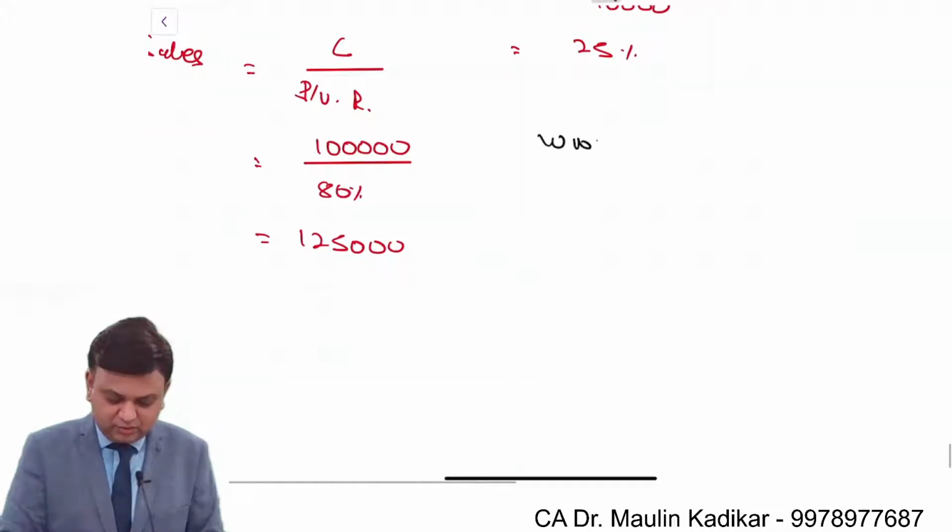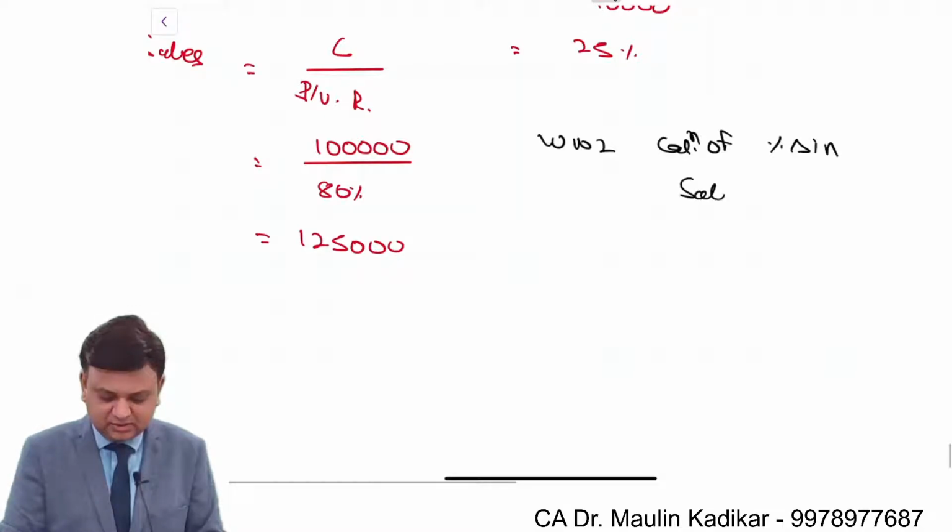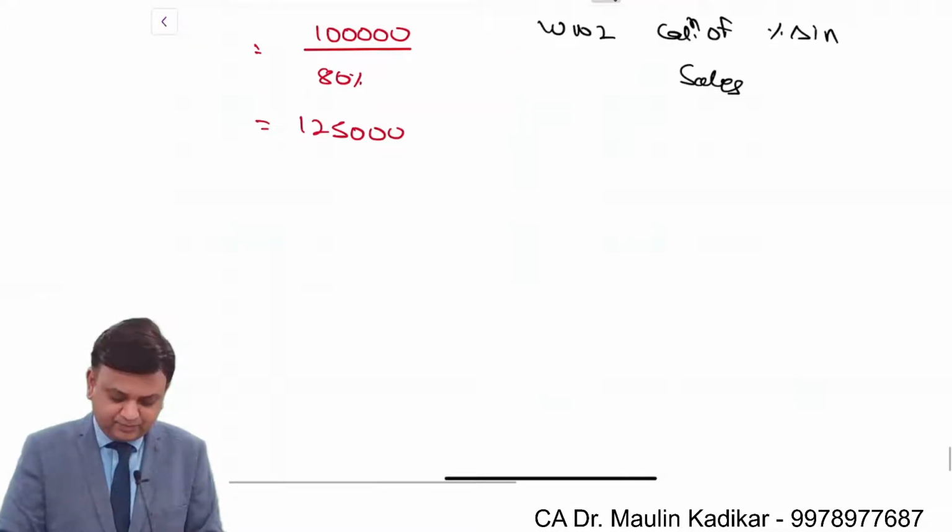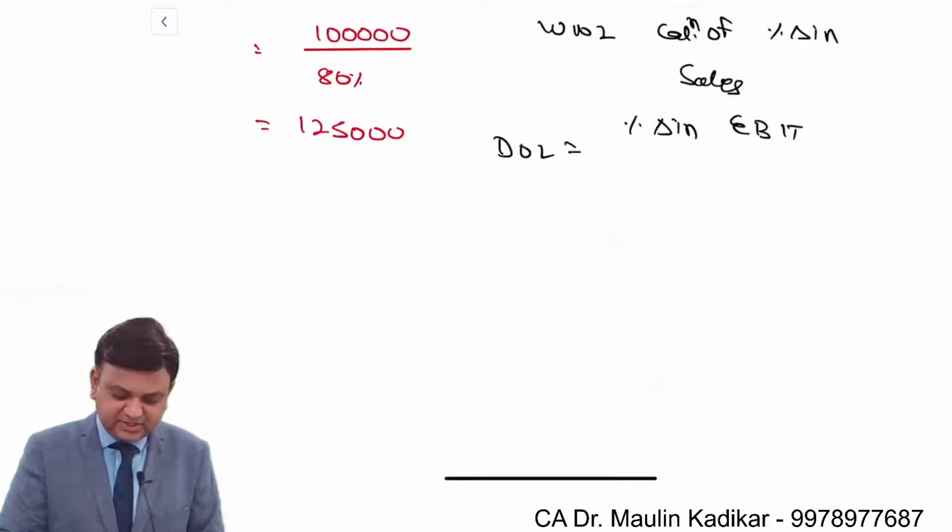Working note number 2, calculation of percentage change in sales. DOL measures percentage change in EBIT upon percentage change in sales.